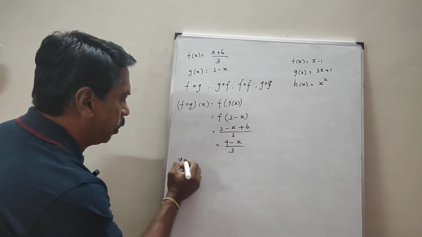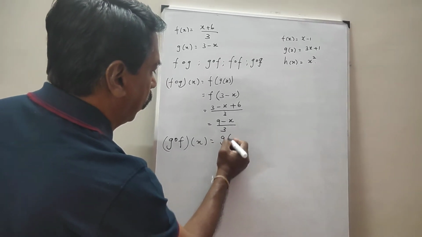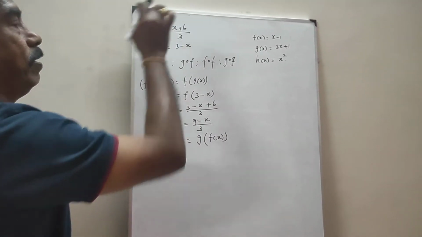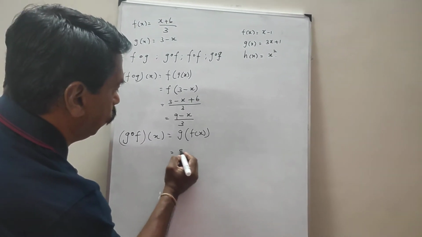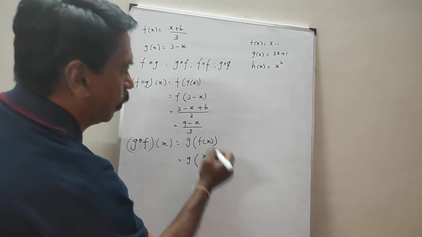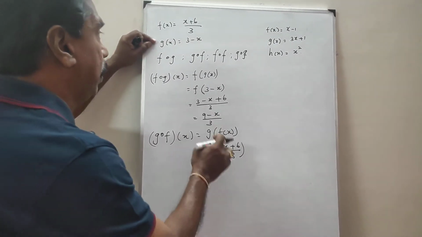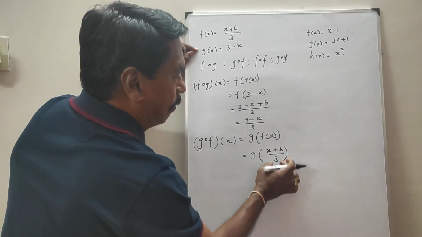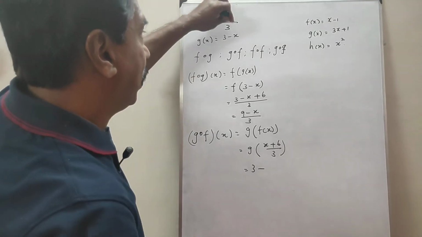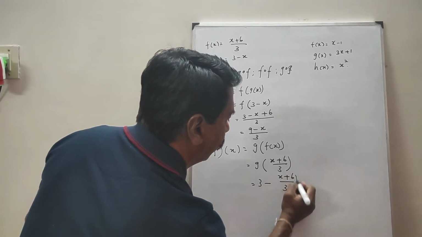We can find g dot f of x. How to write? First step, g of f of x. And in this, replace the function f of x, that is, g of f of x is g of (x plus 6) by 3. And how to find g of this one? In this function g, replace x by what is inside the bracket. That we get 3 minus, for this x we substitute (x plus 6) by 3 within bracket.